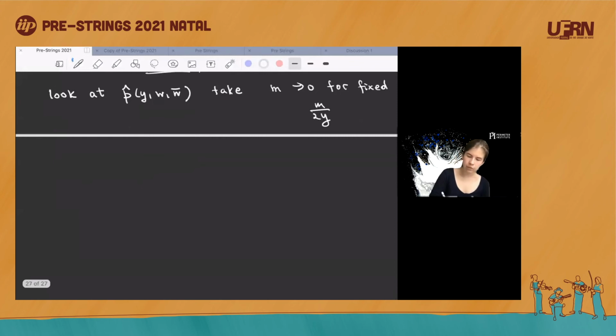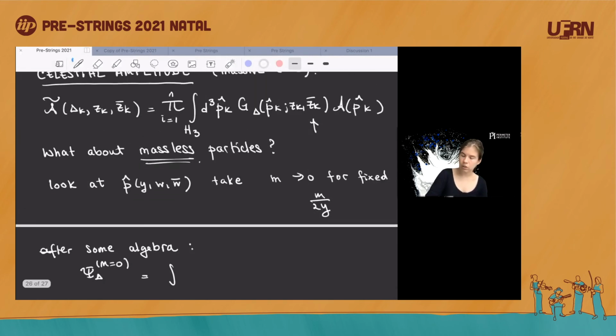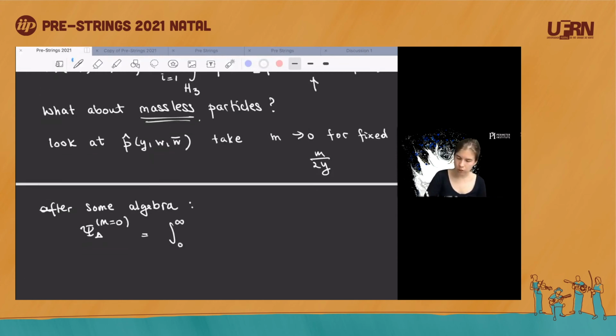And at the end of the day, after some algebra, one can show that psi delta massless, so m equal to 0, this bulk to boundary propagator essentially localizes onto a delta function, and one ends up with just an integral over energies, the integral of omega to the delta minus 1 of e to the i omega q hat dot x, right?